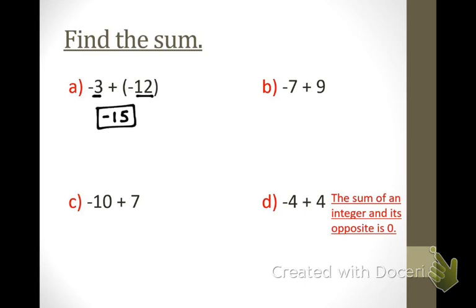Let's go over here to problem B. -7 plus 9. Remember, every number has a sign and that sign is directly in front of that number. Here I can see that is a negative sign directly in front of that number, and that is a positive sign. So clearly you can tell these are two different signs. Whenever you have different signs, you subtract the numbers and take the sign of the bigger number.